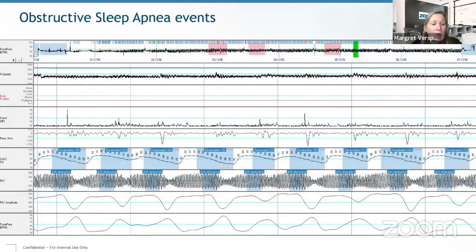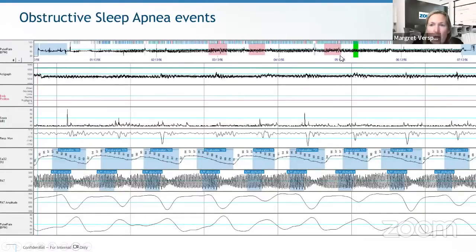When we look into the raw data of the WatchPAT, this is a very severe case. This is the all-night window. We see the heart rate channel with all those marks being scored events. This green block over here is reflected here. Blue is the wake period and pink is the REM period.